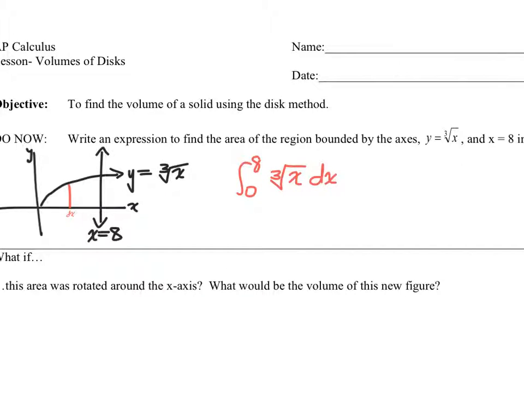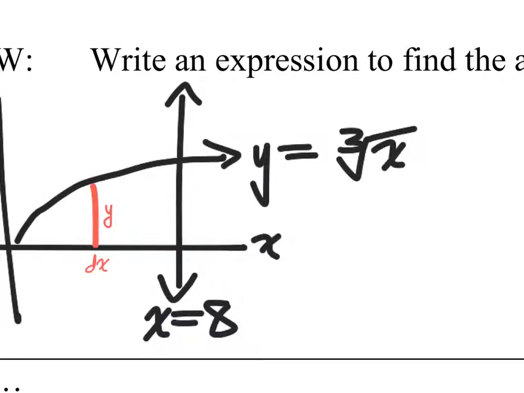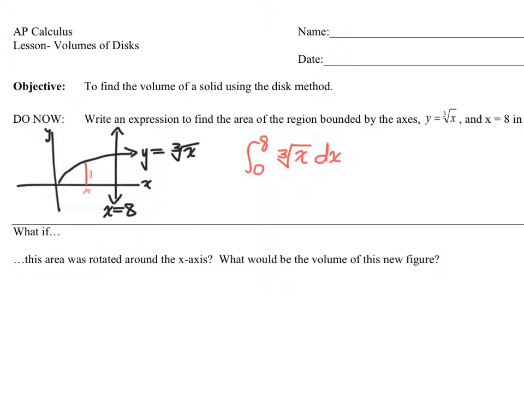dx. Right, the area of that arbitrary rectangle is base times height. Base is dx, height is y, right? I'm going back to that idea, being a little bit more detailed, because it's going to play into our discussions revolving around revolutions.